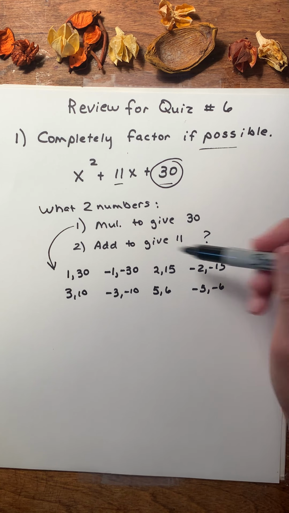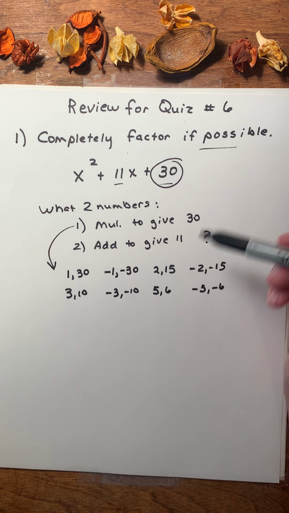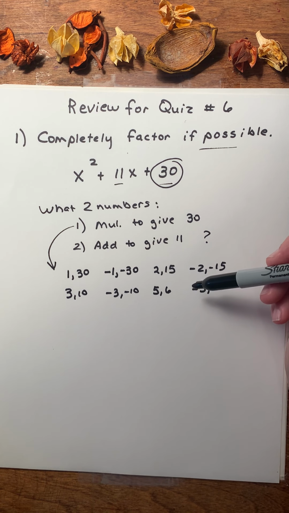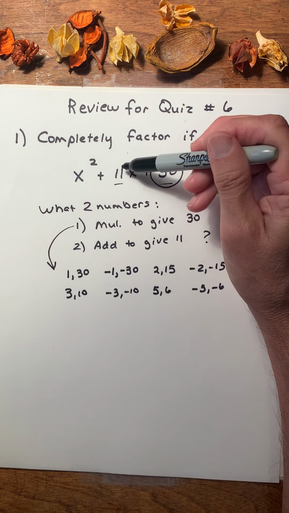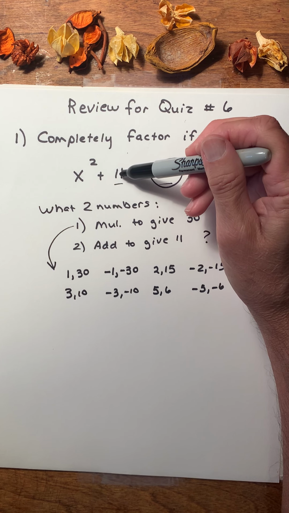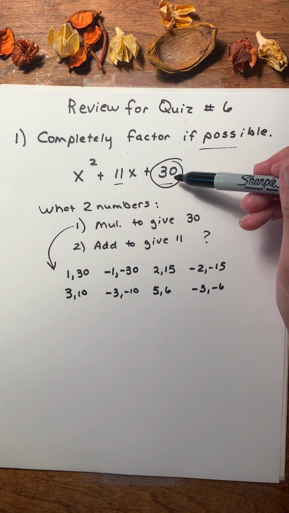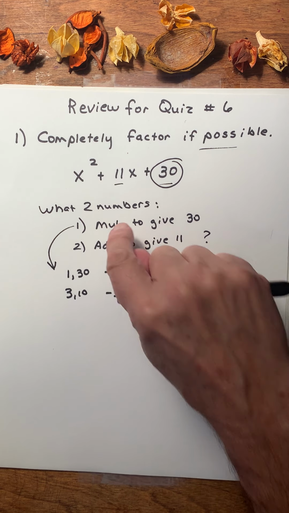Those are literally the only pairs of integers that multiply to give 30. Hey, look at that, only 8 options. While there are an infinite number of options that add to give 11, there are just 8 options that multiply to give 30. So this is where you need to focus.